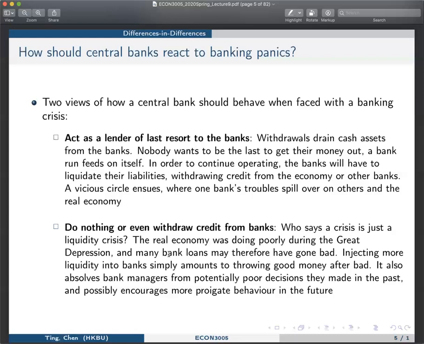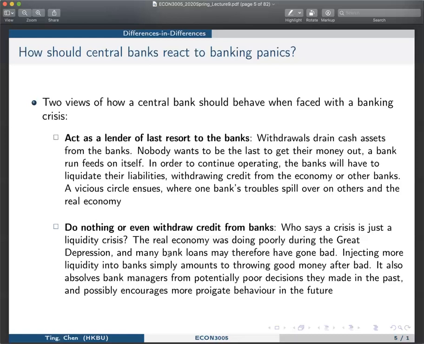And because of that, to stop this vicious circle, some scholars think that the central bank should act actively to lend money to the banks, provide liquidity to the economy, and make sure this type of vicious circle does not suffocate the activities of the real economy.